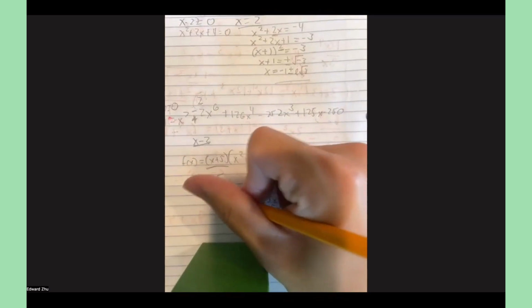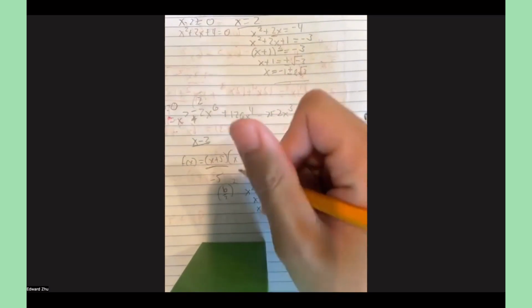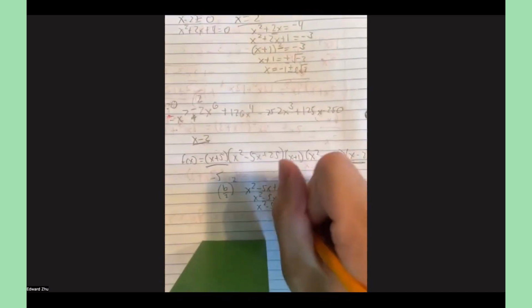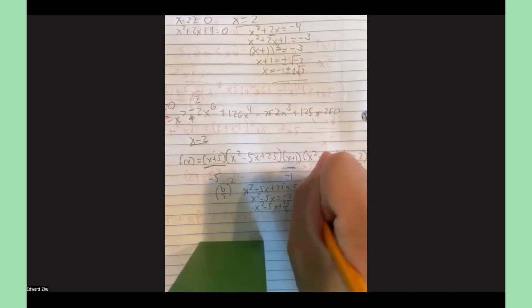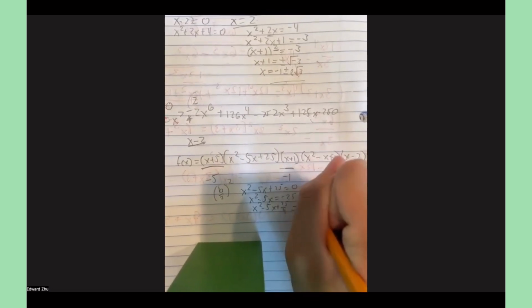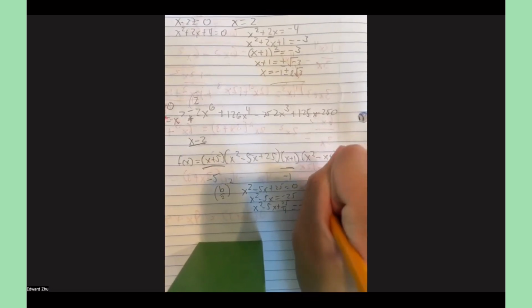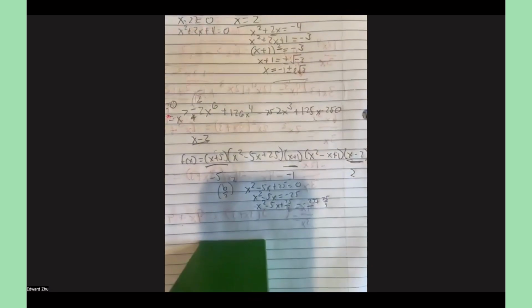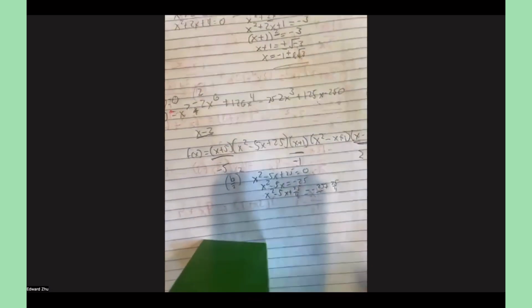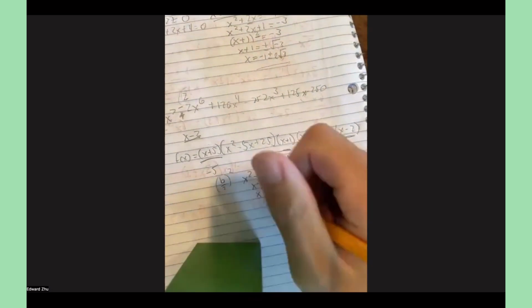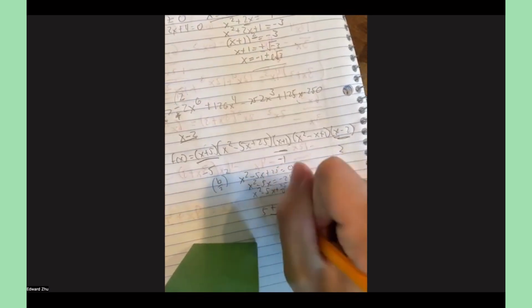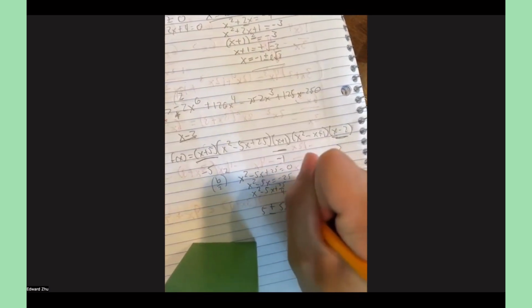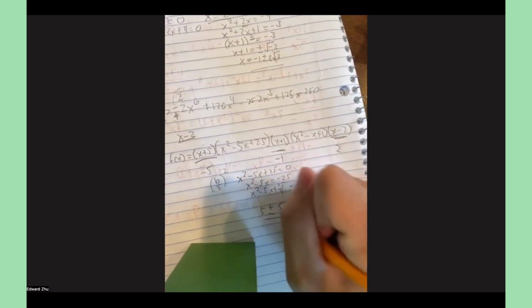Remember, (b/2)². So (5/2)², 25 over 4. I'm going to skip over all the steps because we're running a bit short on time. But in short, you would get (5 ± 5i√3)/2.